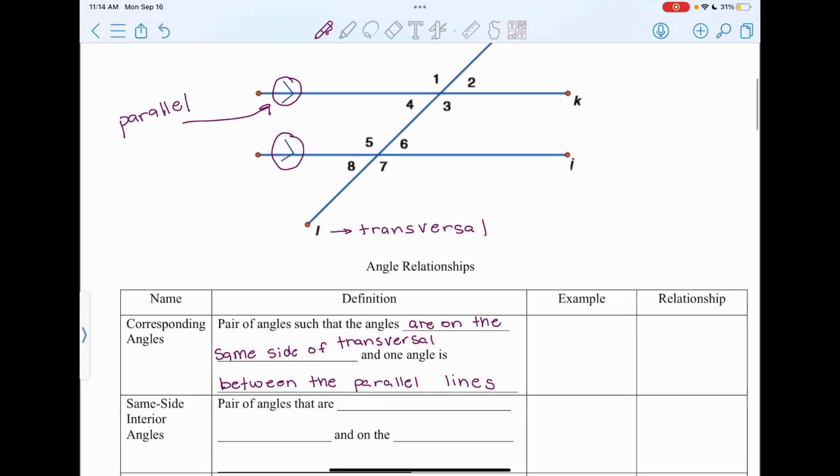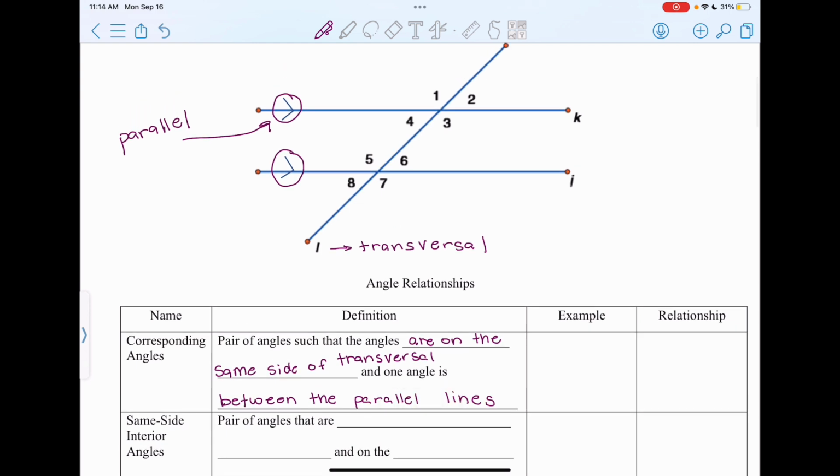So I want two angles that are on the same side of the transversal, and one angle is between the parallel lines. So for example, 1 and 5. Notice how 1 and 5 are both on the left side of the transversal, and 5 is in between the parallel lines. This is an example of corresponding angles.